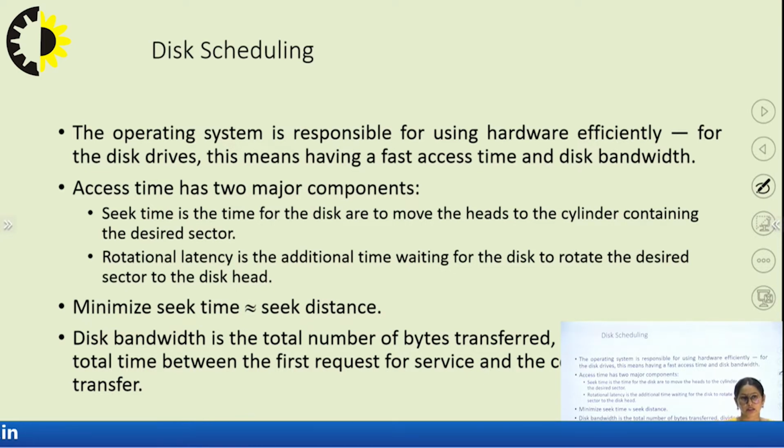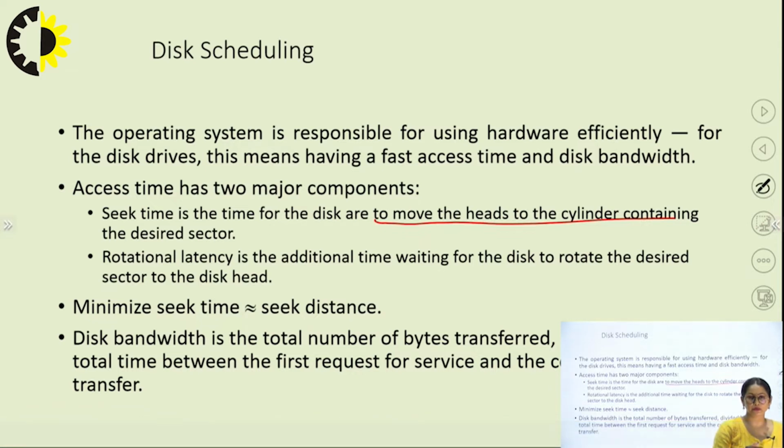Seek time is the time needed to move the heads to the cylinder containing the desired sector. When you travel from one sector to another, that is the time taken by your read write head, from one point to another. That is your seek time.